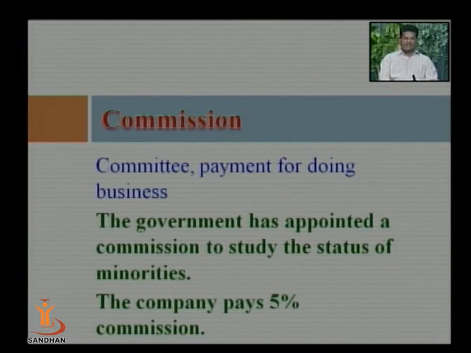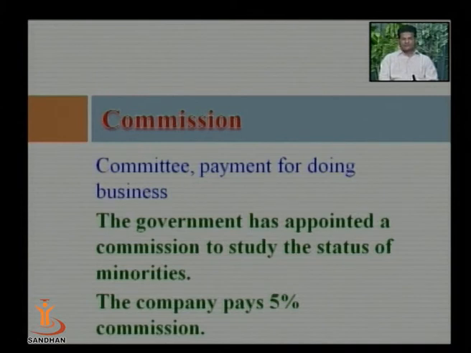And the company pays 5% commission. The second example, see, if a salesman sells something, the company pays 5% commission. We are familiar with this word with this meaning. But one different meaning is also there, which has often been used. Some work has been assigned, particularly in army, armed forces.